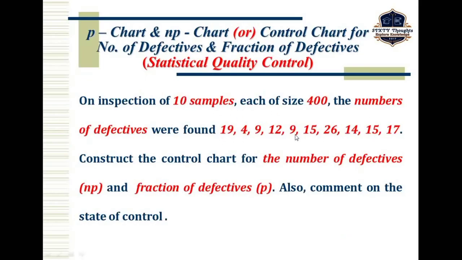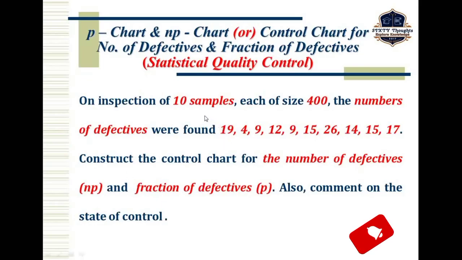The given data is only the 10 samples as well as the number of defective values. The number of defective is also called the NP chart, so here they have given the NP chart value. Using the defective value, we are going to construct the NP chart as well as the fraction of defective, which is called the P chart.